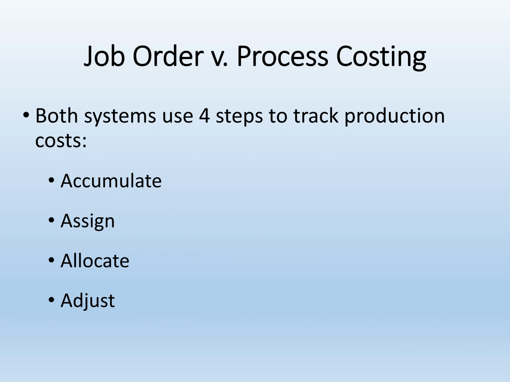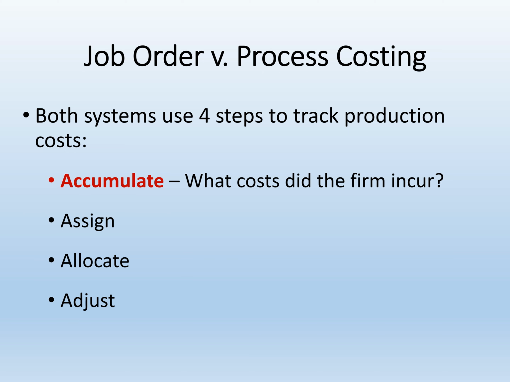We've looked at how job order costing and process costing are different, but they are the same in one way, and that is each method goes through the same 4 steps to track production costs. The first step is to accumulate all of the production costs for the period.